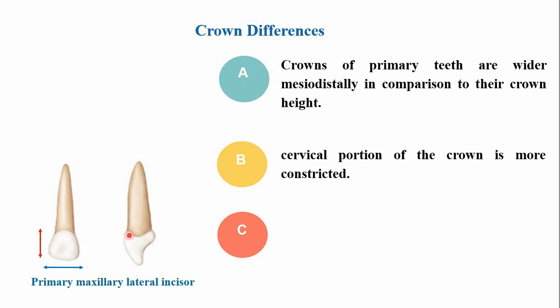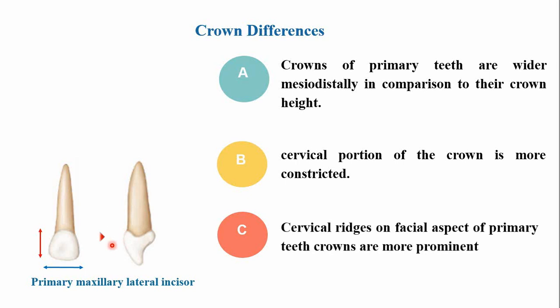There is marked constriction of the cervical portion of the crown, which results in a more prominent cervical ridge. Cervical ridges on facial aspects are more prominent. These ridges are normally covered by gingiva and epithelial attachment, so clinically they are not visible, but on extracted teeth they are quite obvious.